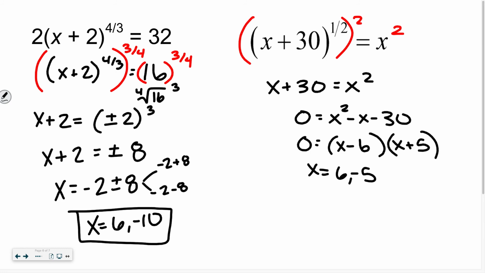Okay, check your answers. So I'm doing what? 36 to the 1/2 equals 6. True? Square root of 36 is 6? Yep, that works. Let's see, this is going to be 25 to the 1/2 equals negative 5.